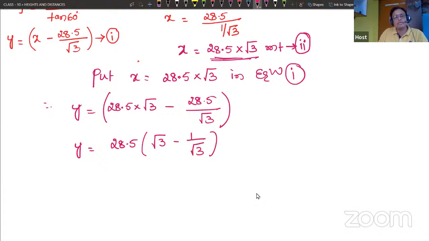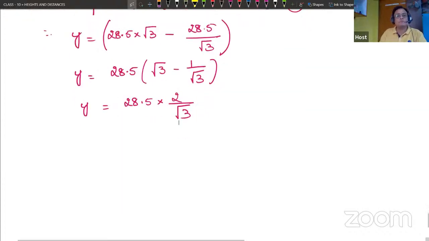Take LCM, root 3 into root 3. 3 minus 1 gives y is equal to 28.5 into 2 by root 3.